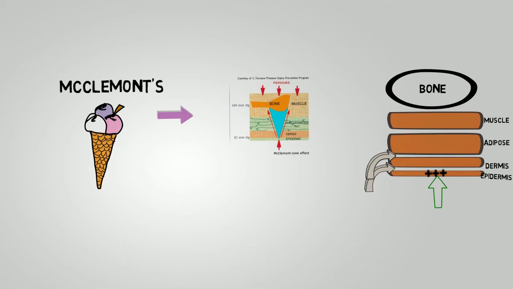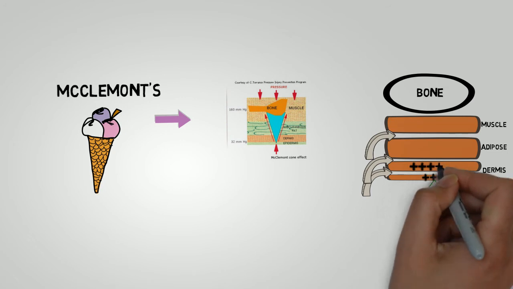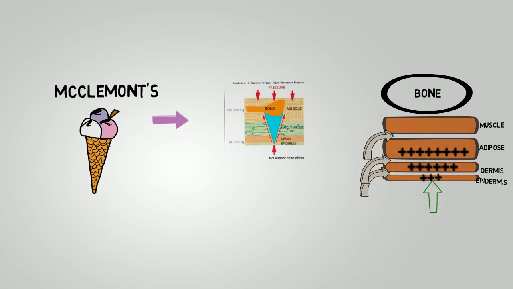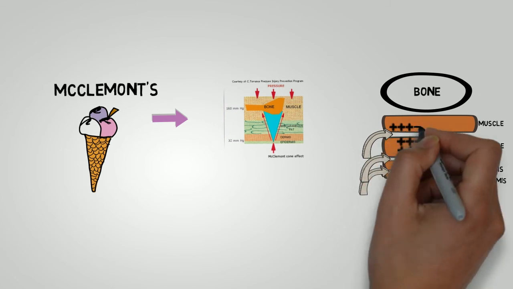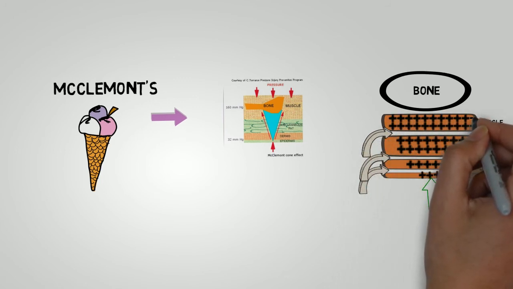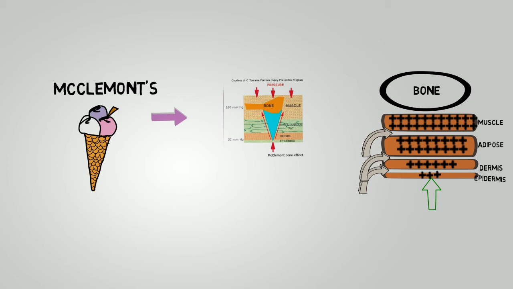The interfaces are here, here, and here. At each interface, pressure increases in severity, so each of the four layers of tissue is subject to a different pressure and an increasing pressure, with the muscle layer bearing the greatest pressure of all.